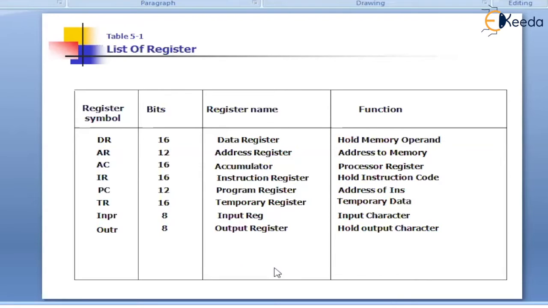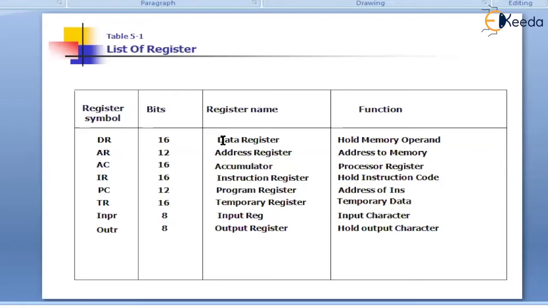Here the order is somewhat jumbled. The first register is the program counter. The second register is the address register. The third register is the instruction register. The fourth register is the data register. Follow the order carefully. Here it is given in a table, so they didn't follow an order.